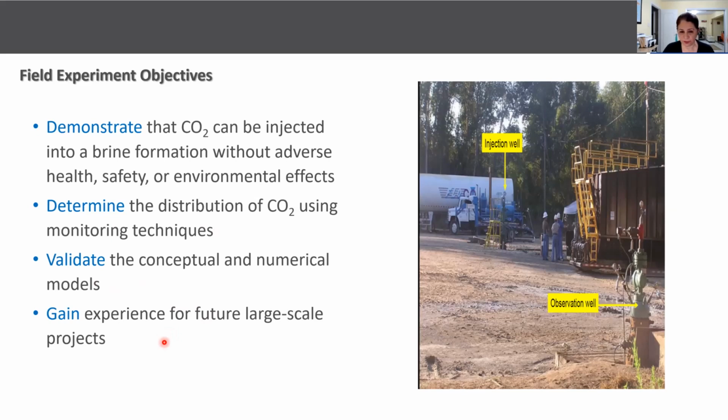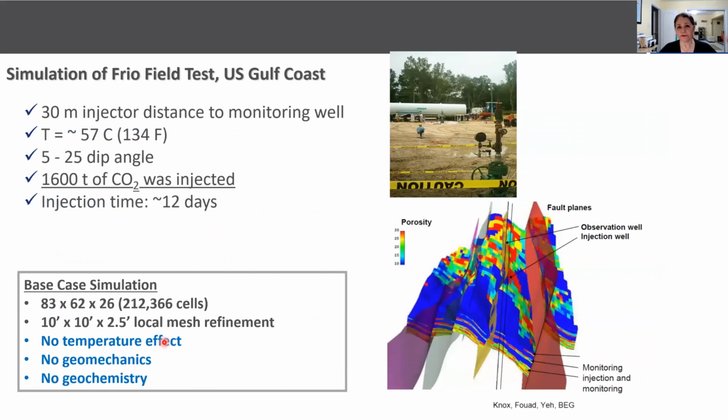larger scale projects. One of these experiments was the one done in Frio, US Gulf Coast, where the University of Texas Bureau of Economic Geology was involved. And then once we had access to the data, we were trying to model this CO2 injection in the Frio aquifer. It was a small test. There was one injector and a monitoring well which was about 30 meters away.